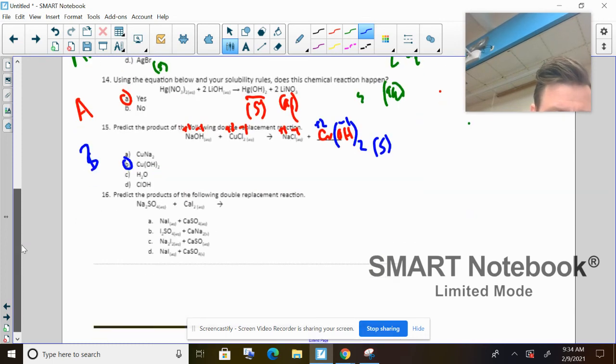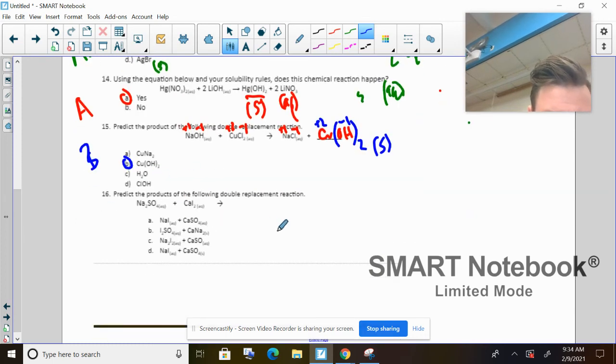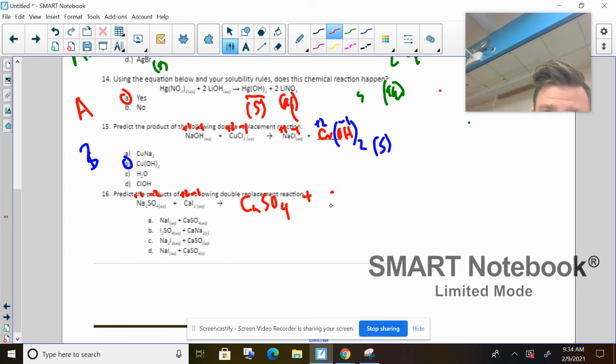Last one. Ready? Predict the products. So let's write the charge. I got +1, -2, +2, -1. I'm going to switch the positive: CaSO4 plus NaI. When I have NaI, I write the charges by each.